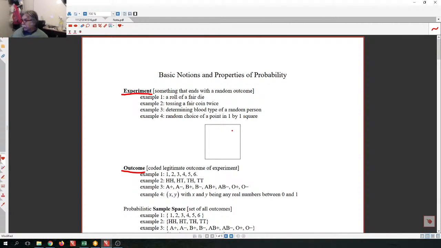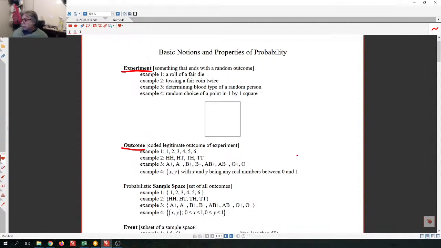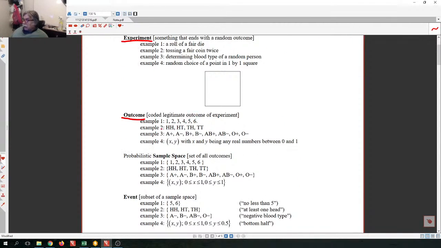So you have a point like here, for example, that will be, I'm trying to guess, 0.8 for x, and maybe 0.82 for y, something like that, right? So how many points do you have here? Infinitely many, right? So there could be an infinite number of outcomes.